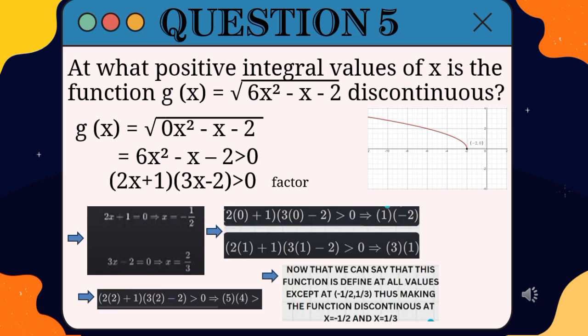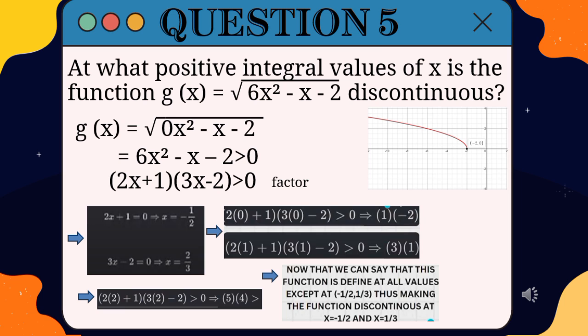Anyway, we can say that this expression is a quadratic function, and we need to make an inequality: it must be greater than 0, or it could be less than 0, because if it's equal to 0, that is undefined. So shall we get started?